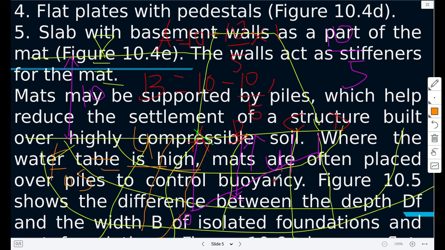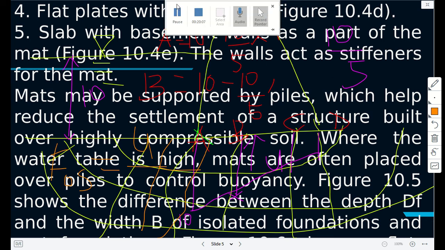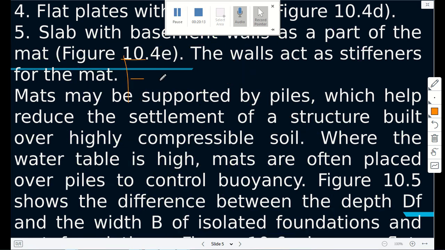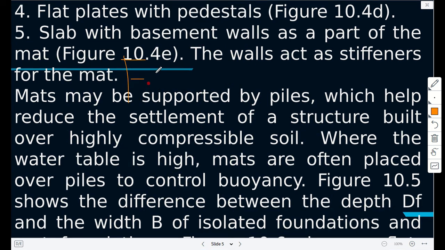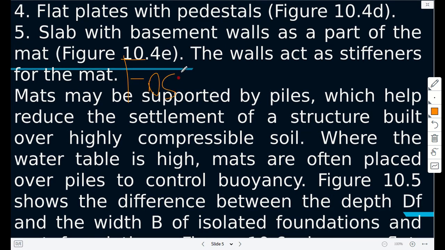Uplift is resisted by what? Yes, you speak. The factor of safety against uplift is usually the uplift force divided by the self weight.